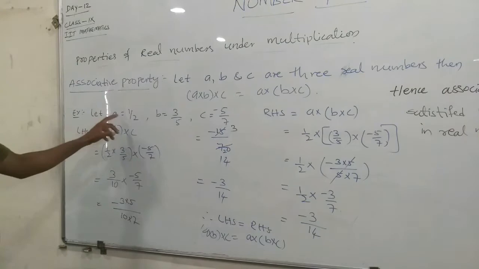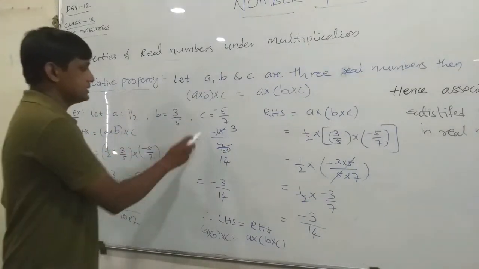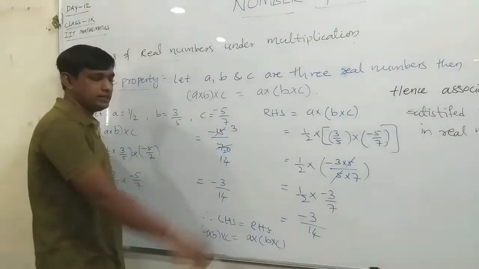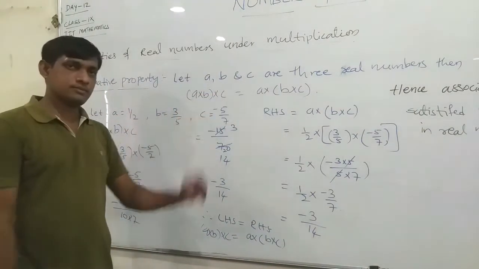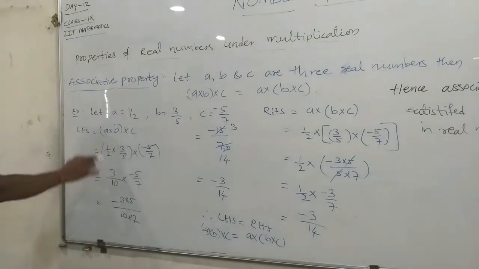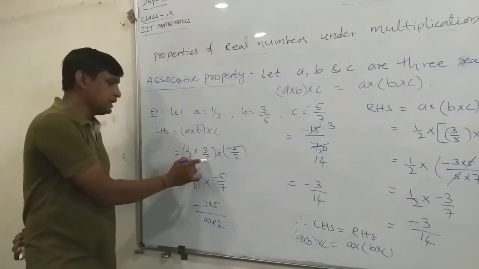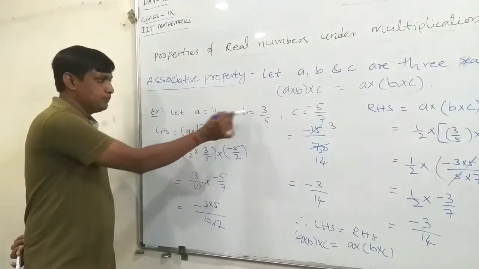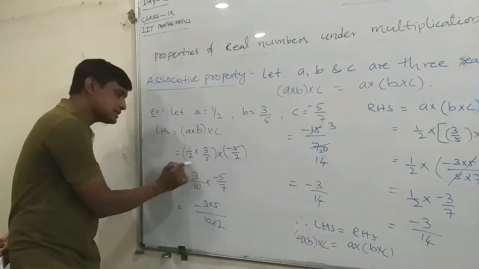I am taking A equal to 1 by 2, B equal to 3 by 5 and C is equal to minus 5 by 7. Now first I am going to prove the LHS. The LHS is A into B into C. So here A value I am substituting 1 by 2, B value 3 by 5 into minus 5 by 7 is C value. Now I am simplifying these brackets.